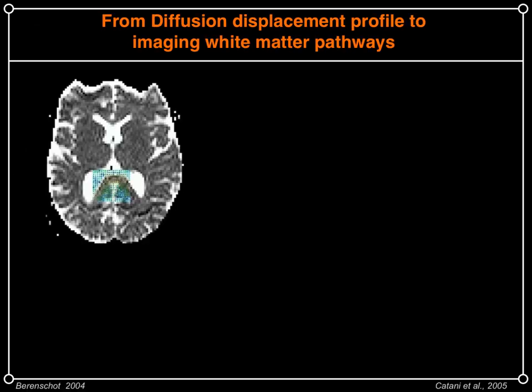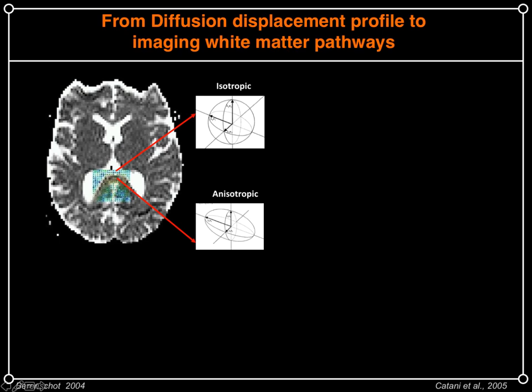The other cool thing about DTI, or diffusion imaging, is that in this same diffusion-weighted slice, if we look at the diffusion displacement profile in this particular region, I'm going to expand this, in the CSF it's likely to be isotropic, in that the diffusion of water molecules is fairly homogeneous. But inside white matter pathways, it's highly anisotropic, so it's heavily restricted.